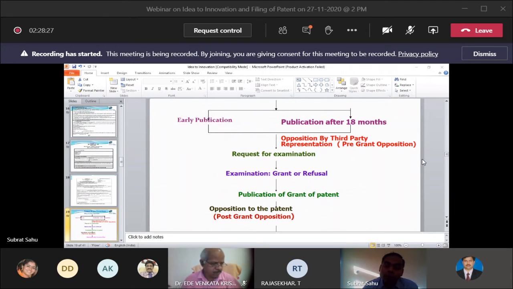After that publication, you approach the Indian patent system by giving a Form 7A. Nothing else. Put in a Form 7A. That is a pre-grant opposition. That means before the grant of that particular application, you are opposing. You are saying that this is my idea, somebody has taken it from me and is filing it.